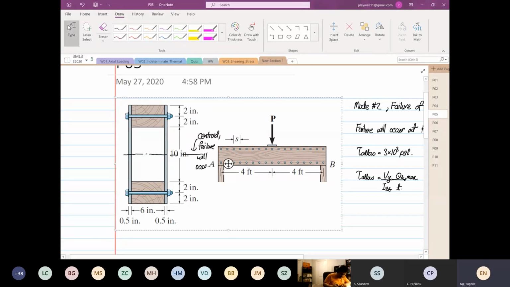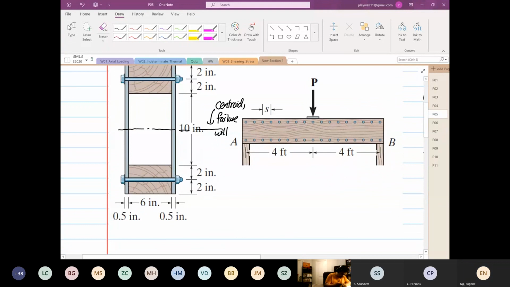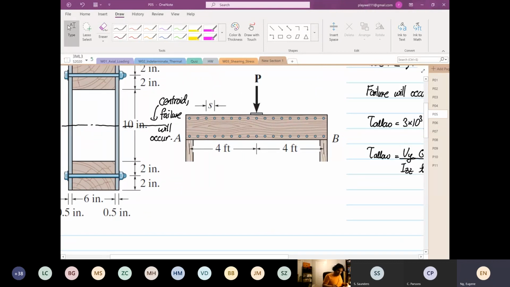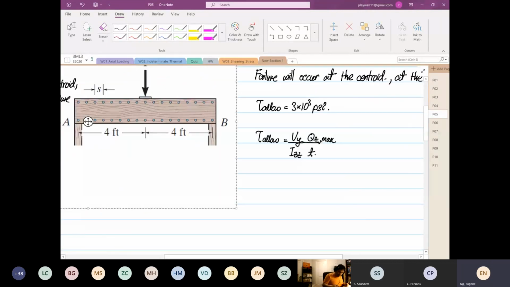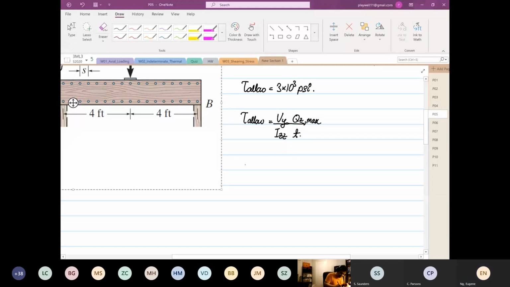Right, so we're going to calculate our Q. So the Q max will be the Q of the wooden member plus the Q of the web.